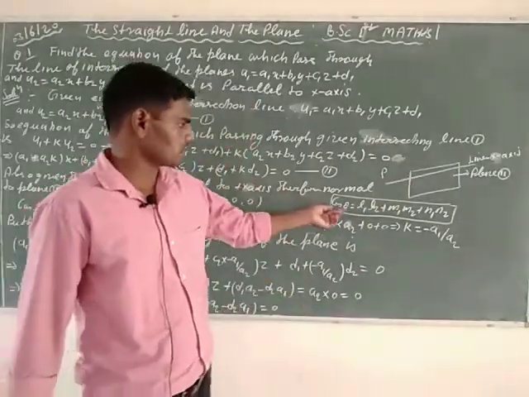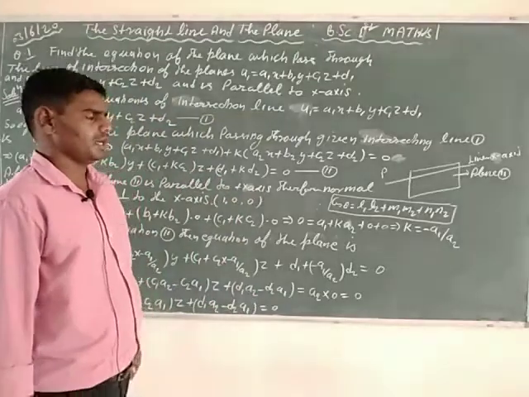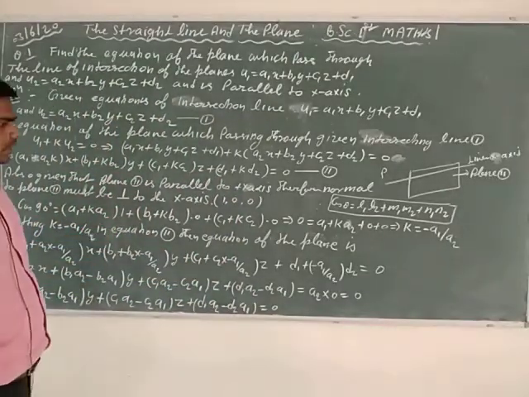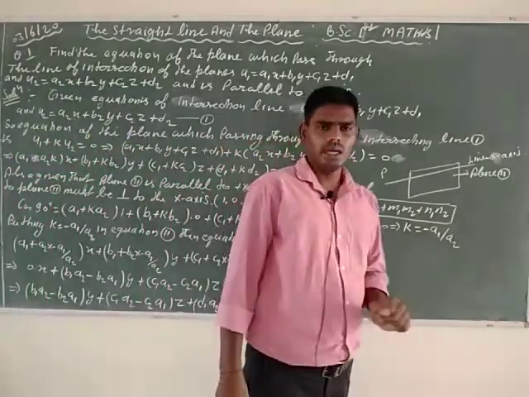So put in cos 90 and the value of L1 L2 plus M1 M2 plus N1 N2, where cos 90 is 0, and after simplification we find the value of k, which is equal to minus a1 by a2.